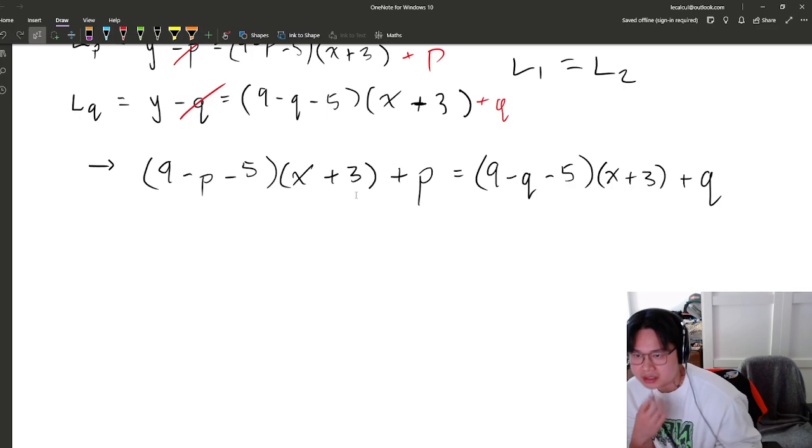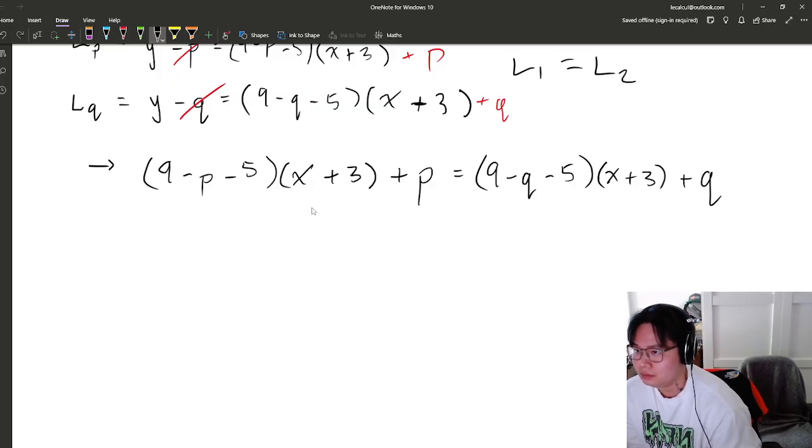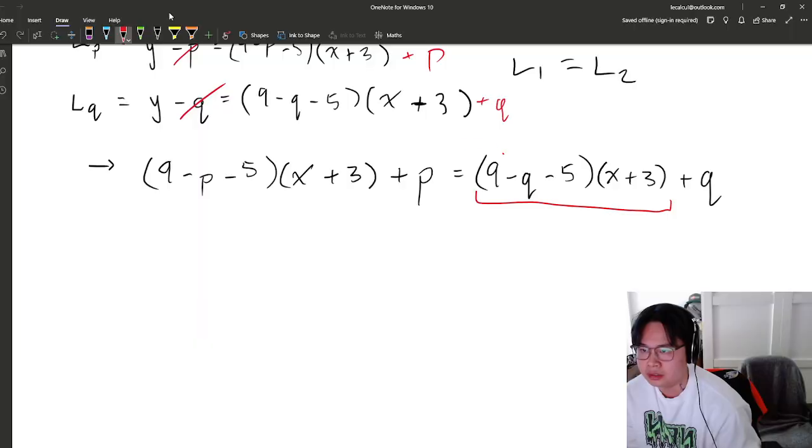Okay, solve for x, because I'm trying to find the coordinate where they intersect. That means I'm going to rearrange some terms. This term here is going to go over here.